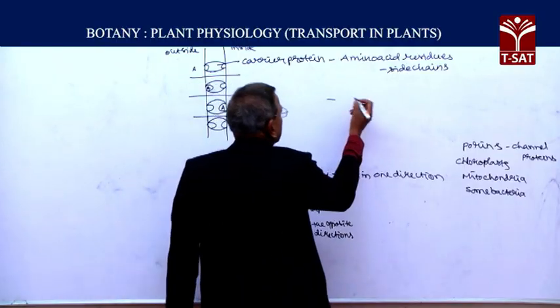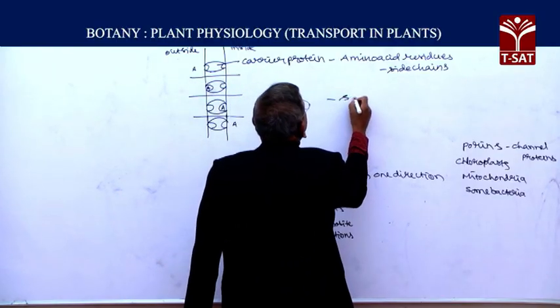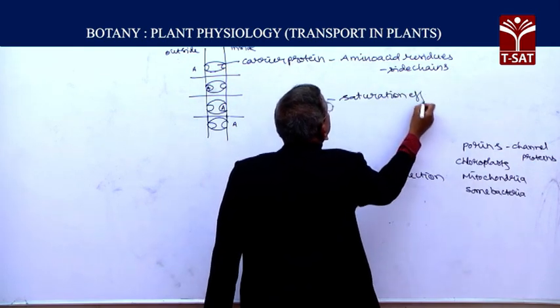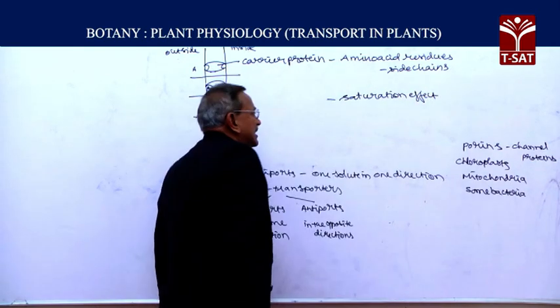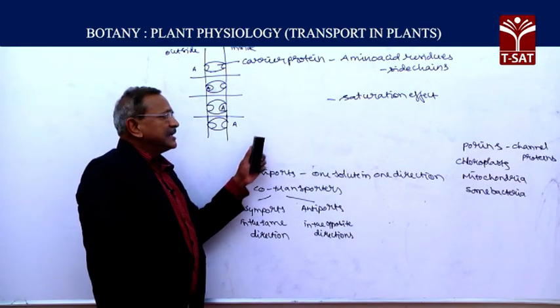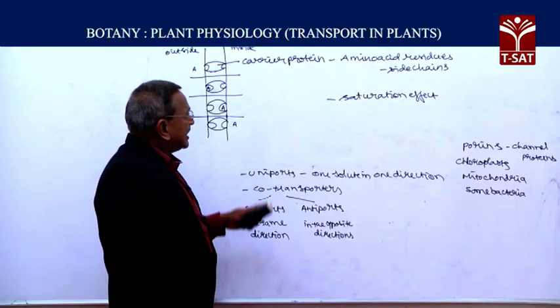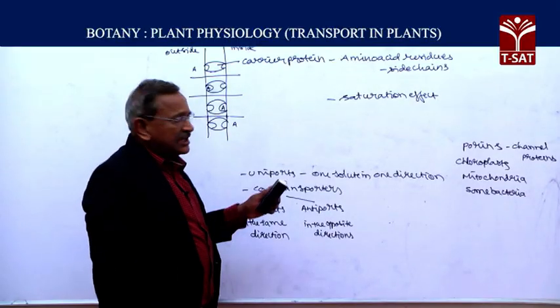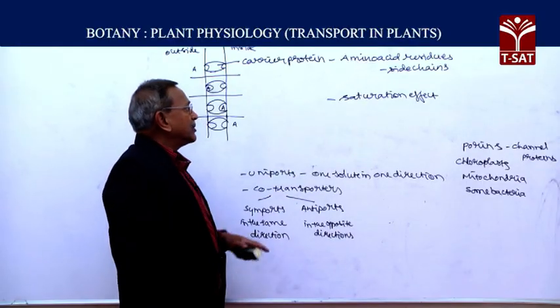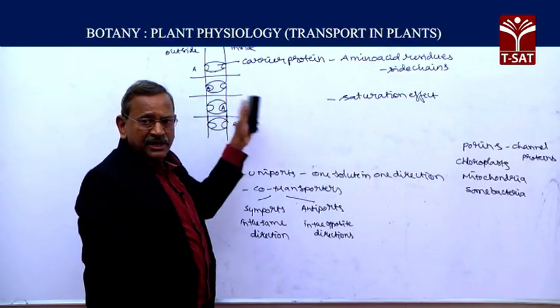And also we have saturation effect. What is the saturation effect? When all the carrier proteins are engaged in transport, the maximum transport will be taking place and there is no carrier protein free and not occupied by or not involved in transport.